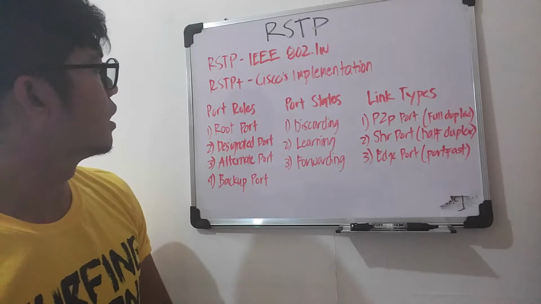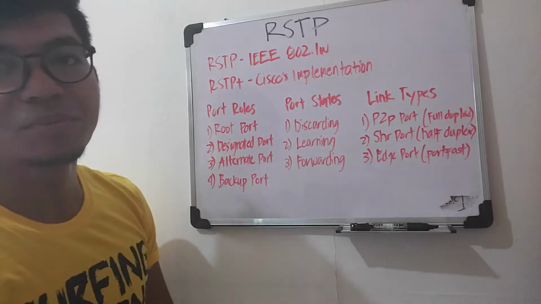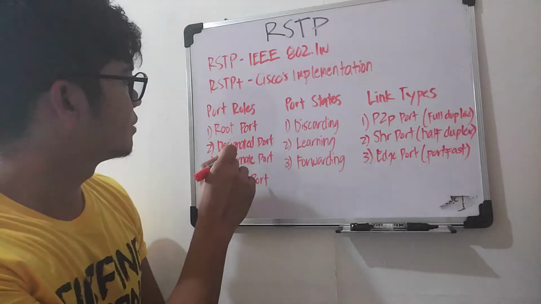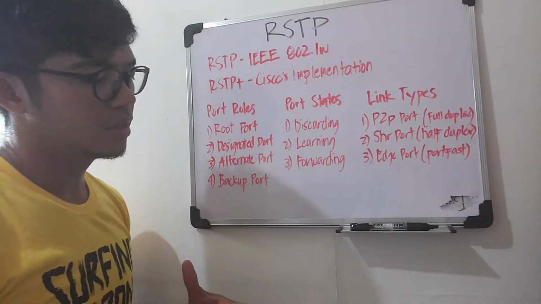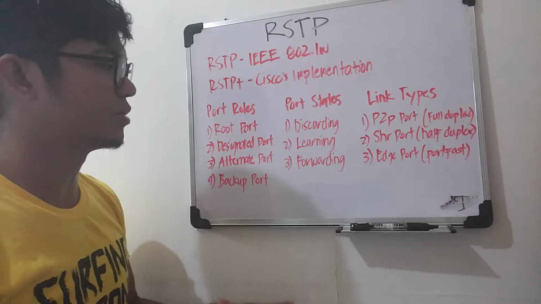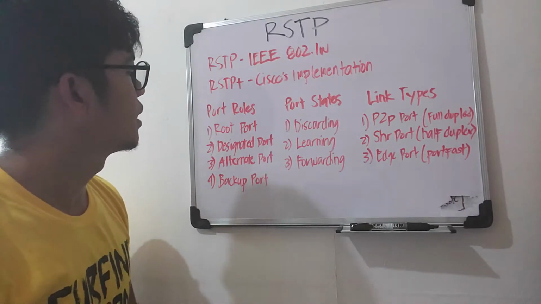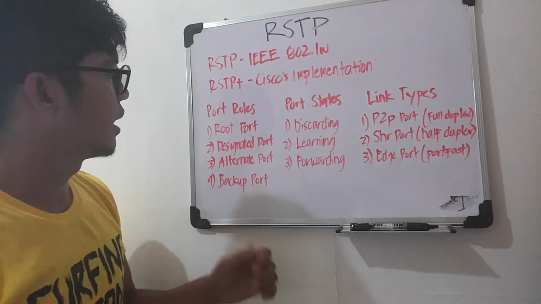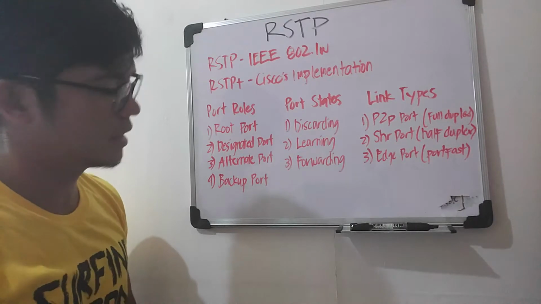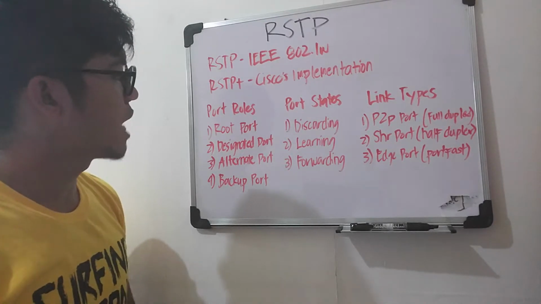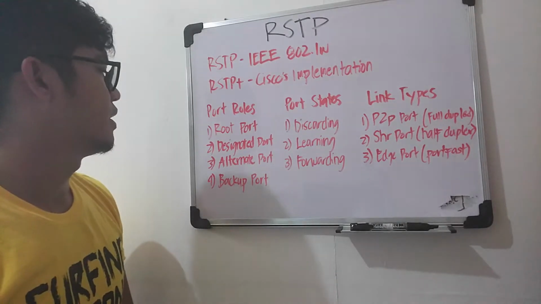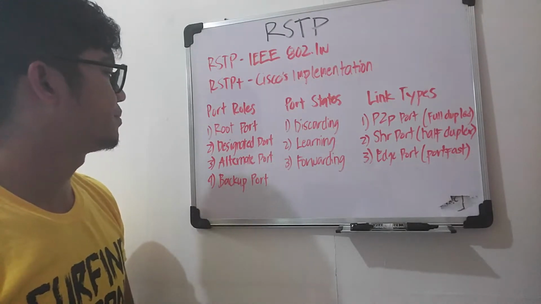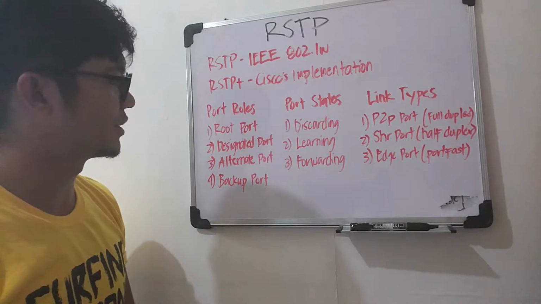But here, with RSTP, number one is the root port, which is the port that is closest to the root bridge in terms of cost. Every non-root bridge has at least one root port. Number two is the designated port.